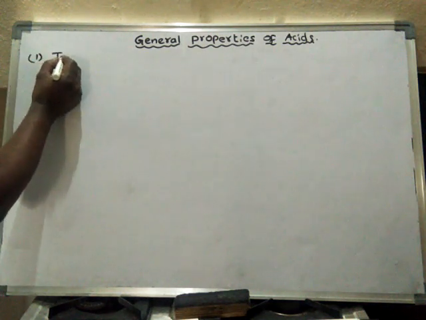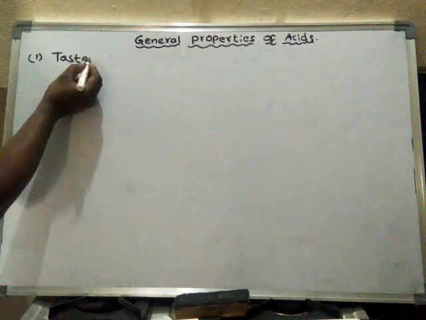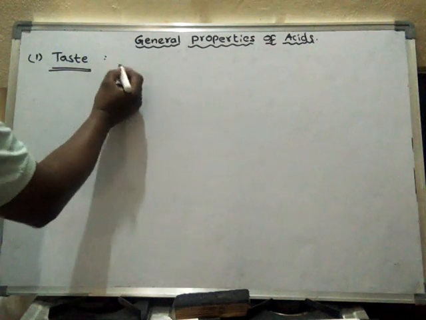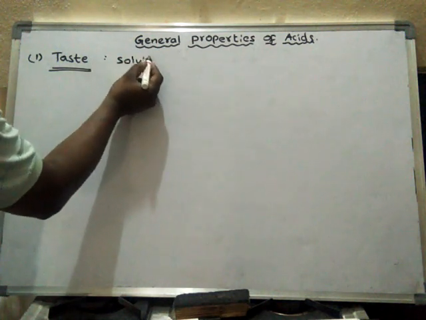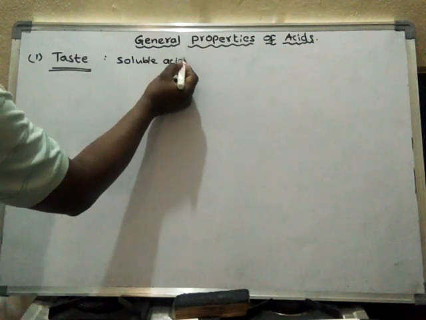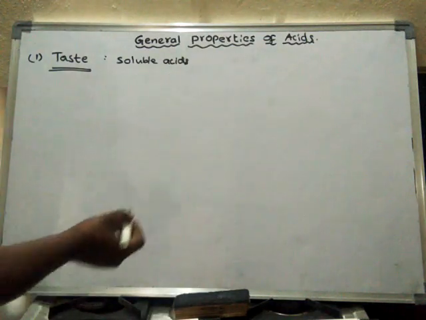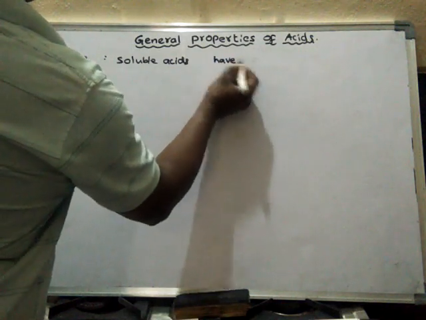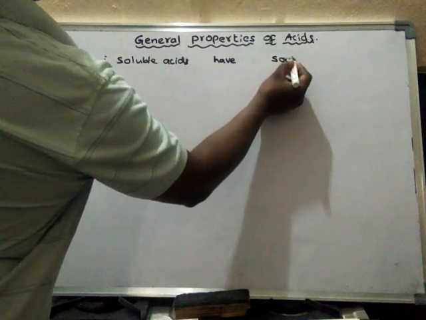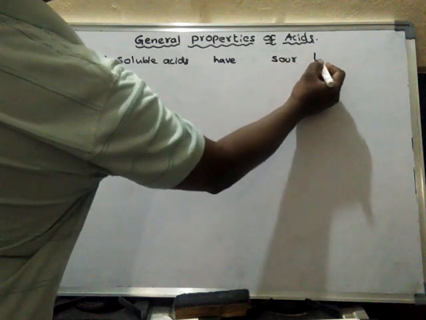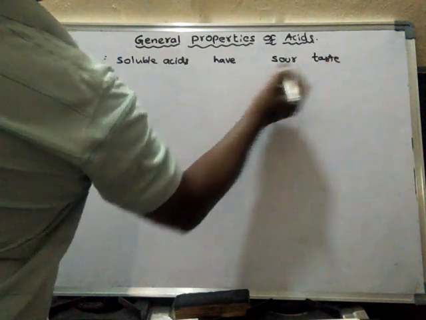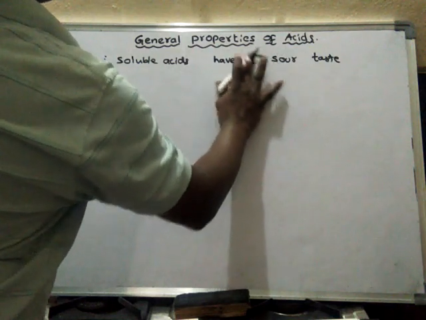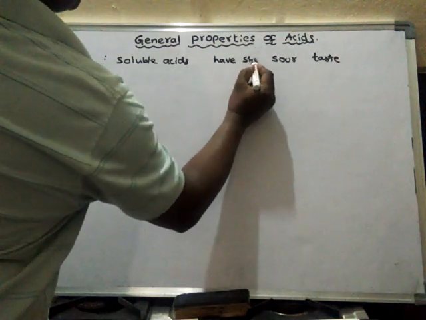The first property is the taste of the acids. Soluble acids have a sharp sour taste.